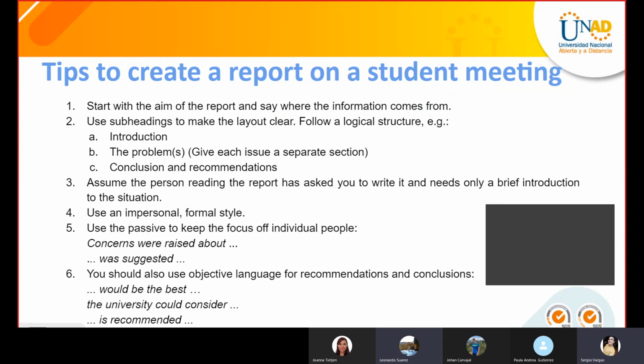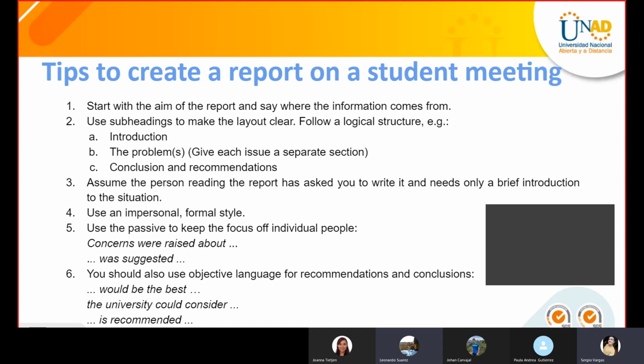Three. Assume the person reading the report has asked you to write it and needs only a brief introduction to the situation. Four. Use an impersonal formal style. This report has a formal style, but you can use the impersonal form to write it.